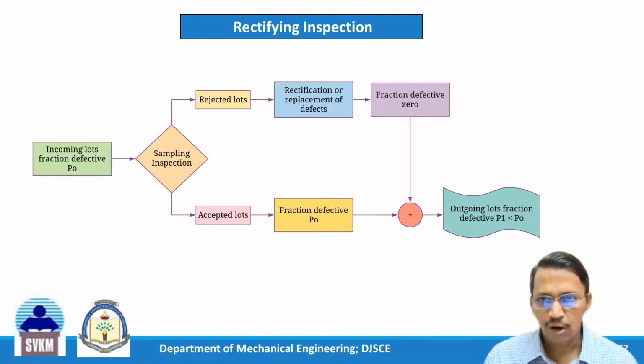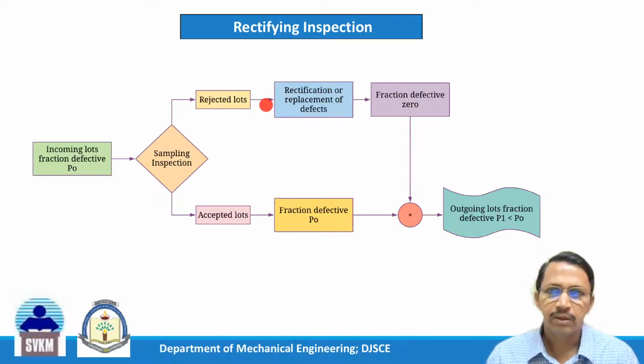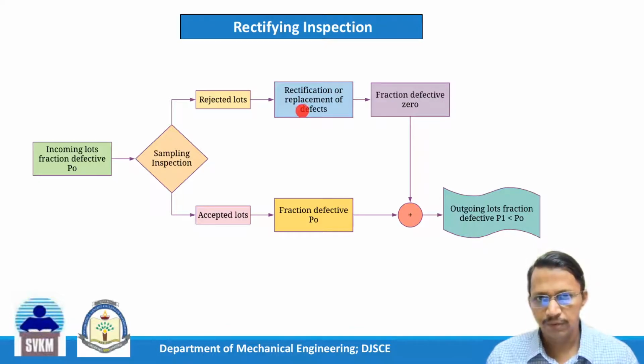What about those lots which are not accepted? It means that they are rejected. So the rejected lots are sent back to the producer or the vendor. Then the rectification is carried out either at the vendor's place or the place where the company is procuring from the vendors.